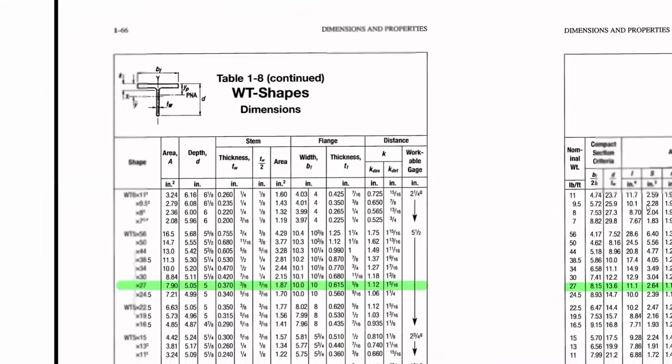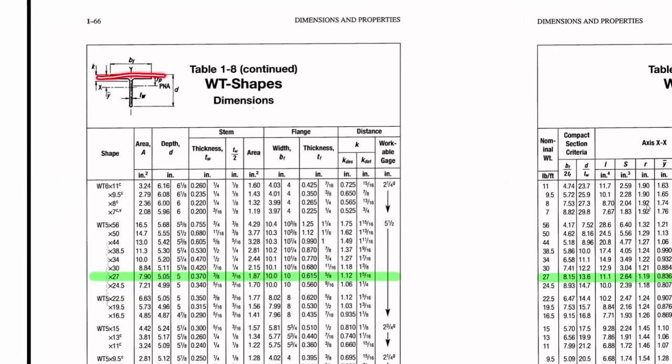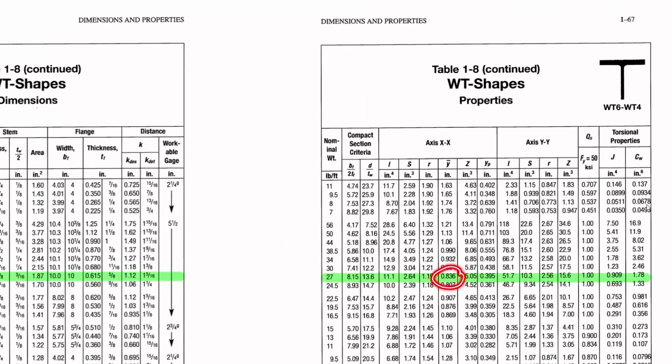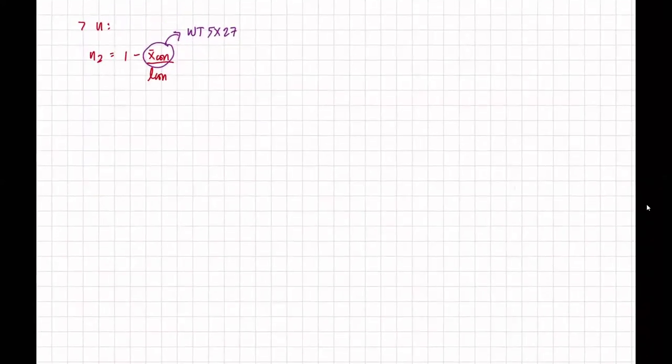Okay, kailangan natin is ito yung connecting face natin, the flange, and then yung distance sa center niya. So that is actually bar Y. So bar Y ang kailangan natin. Bar Y is 0.836 inch.